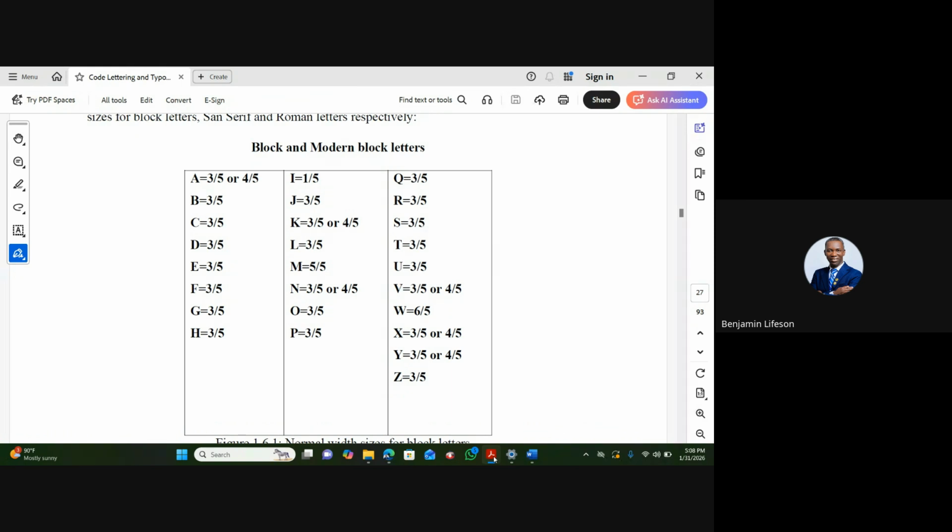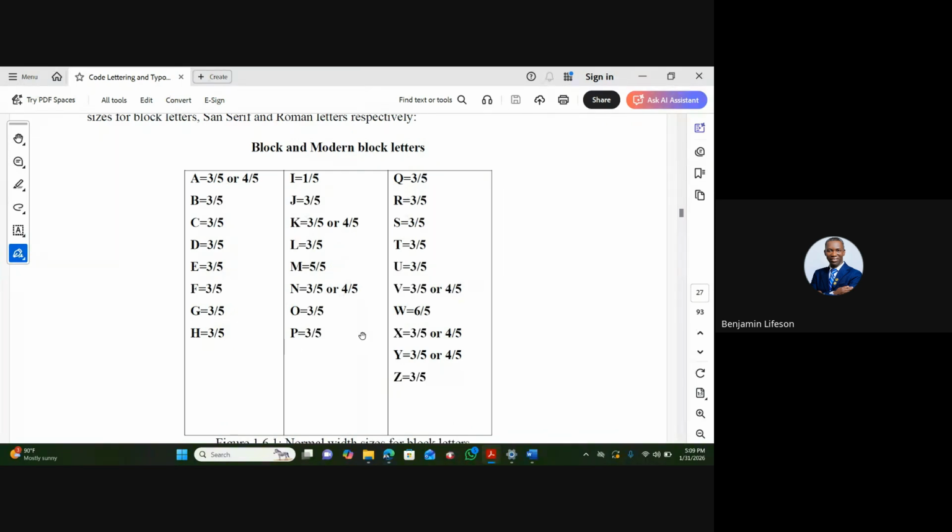Those that are 3 by 5 are B, C, D, E, F, G, H. All right. Then J, K. K can be a 3 by 5 or 4 by 5. Then L. Then we have N. N can also be 3 by 5 or 4 by 5.